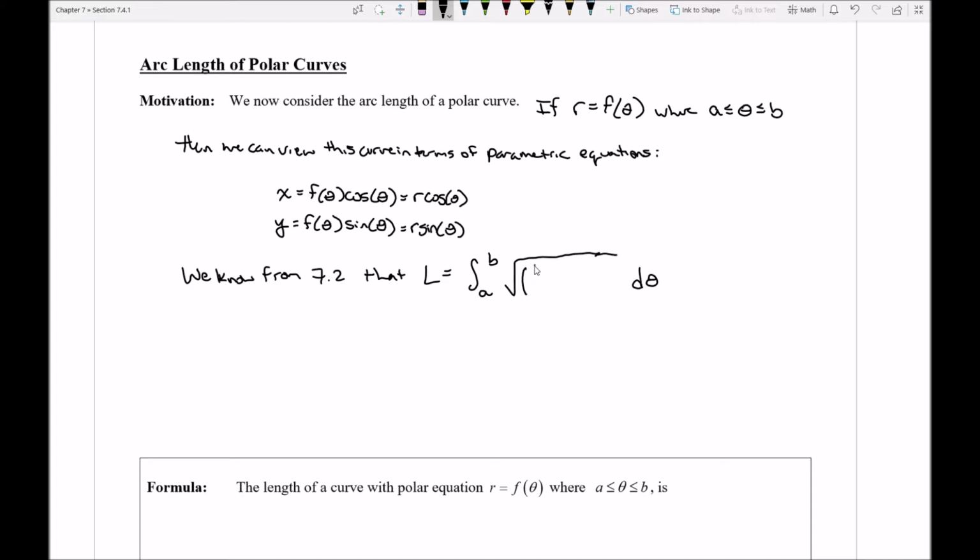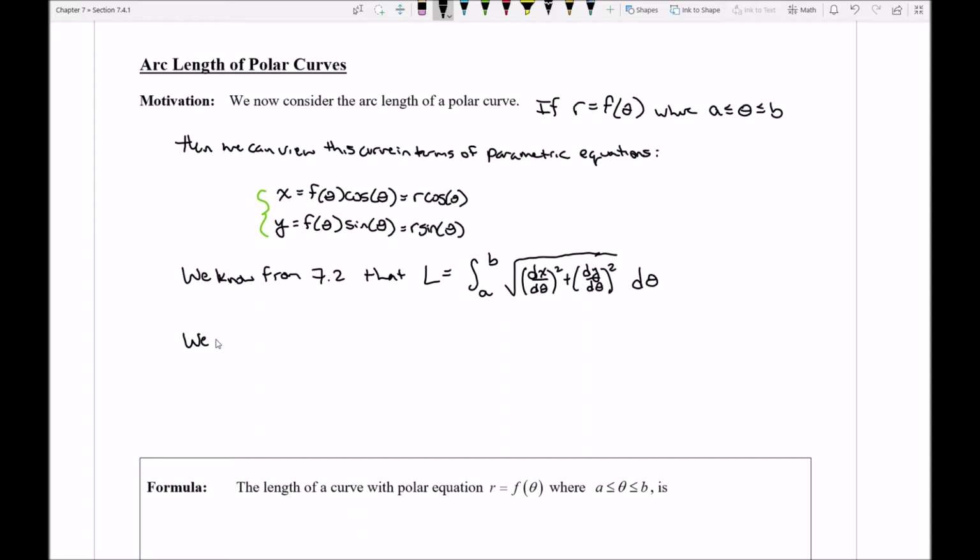And then I would have my dx d theta squared plus my dy d theta squared. So I can go ahead and actually do this every single time to find the arc length of a polar curve. Again, as long as I know how to do this parameterization, everything is good. But we're going to try to take this one step further.